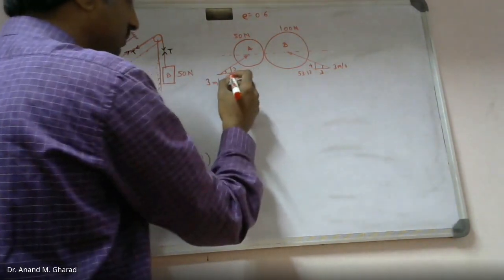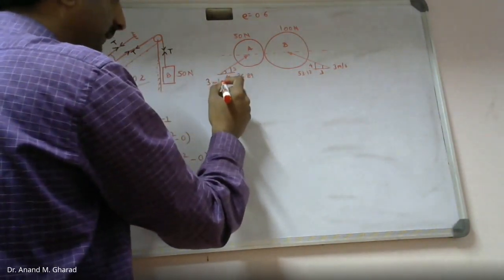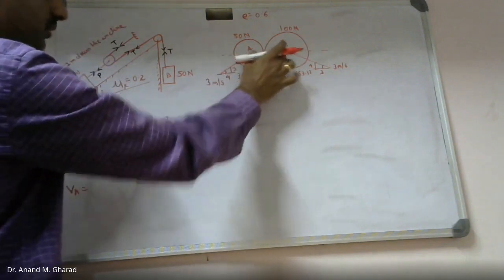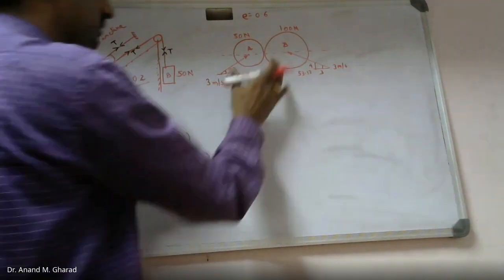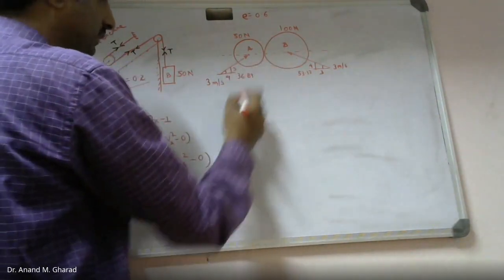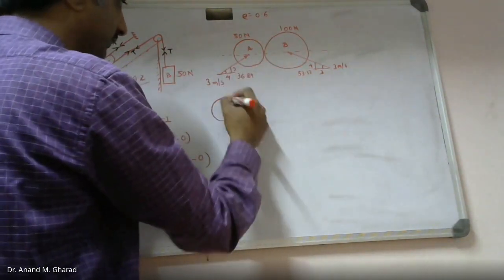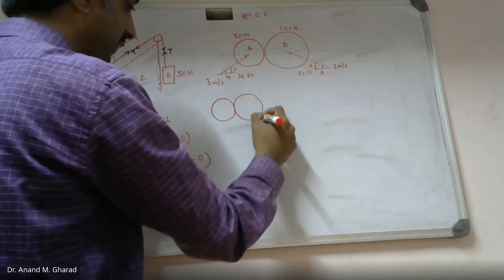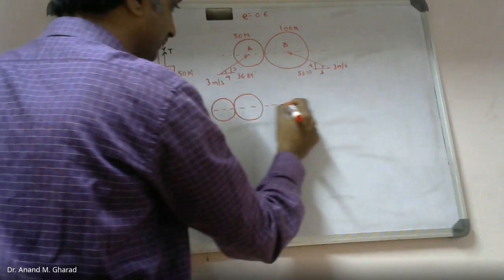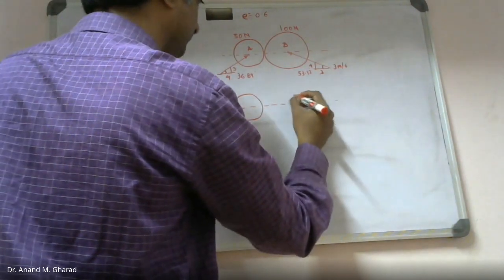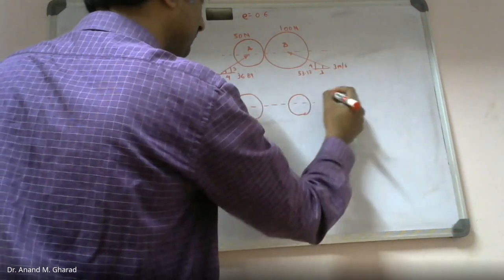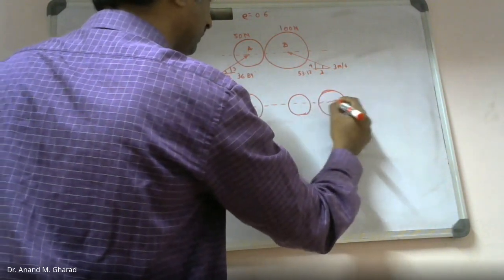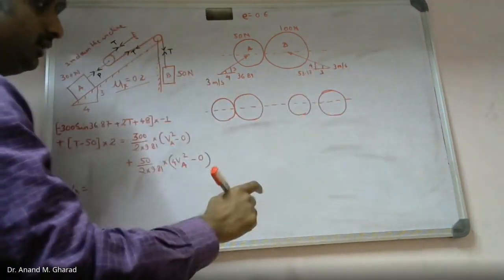So let us try to identify what will be the change associated with such a type of impact and how this problem has to be dealt with. So let's say this is the condition during impact. After impact, these two discs move along the same axis, okay?